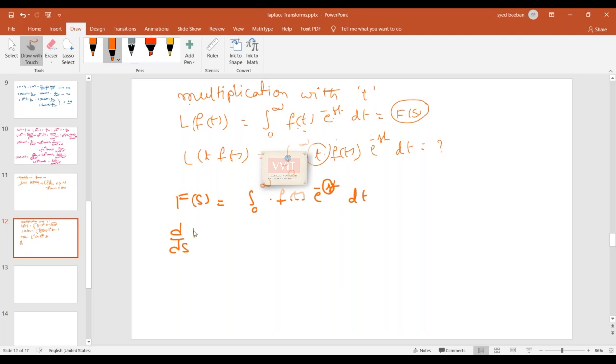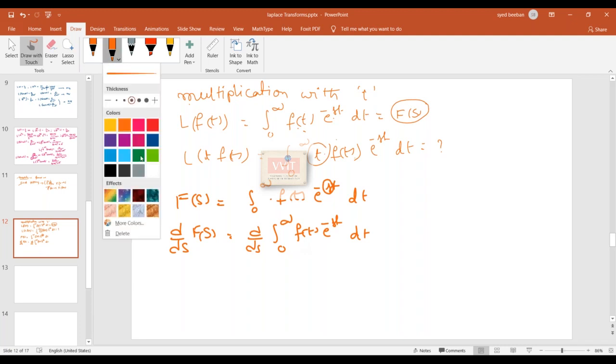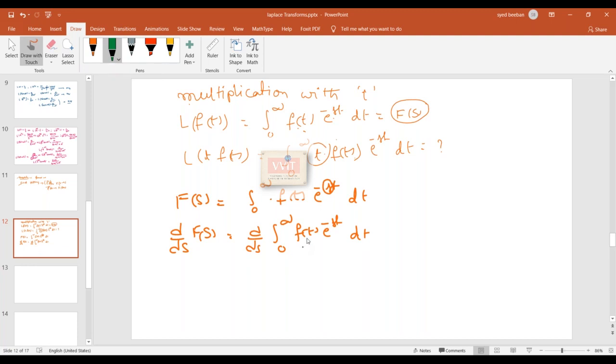d by ds of f of s is equals to d by ds of integral 0 to infinity f of t e power minus st dt. So in that, this is independent of s, so it doesn't make any harm.